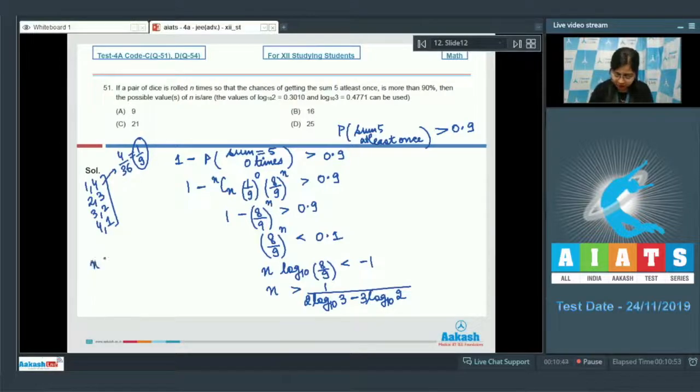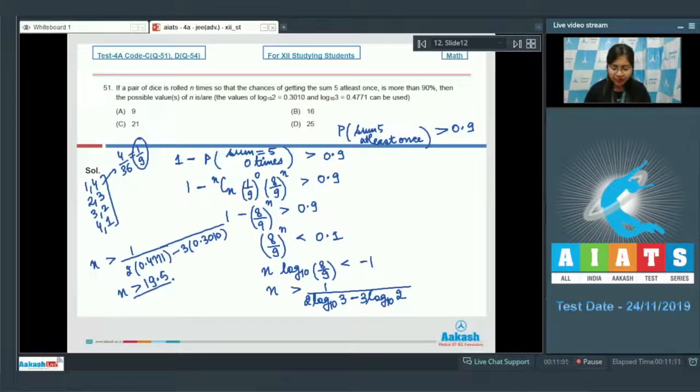So putting the values, we get n is greater than 1 divided by 2 into 0.4771 minus 3 times 0.3010. So after solving this, you get n greater than 19.5 approximately, which means that n should be greater than or equal to 20. So from the given options, the answer will be C and D.